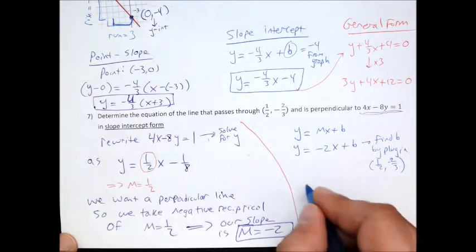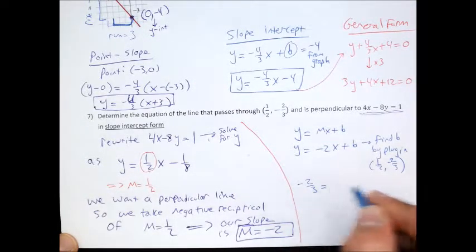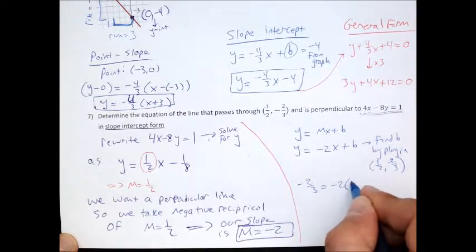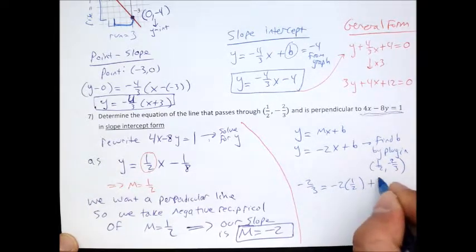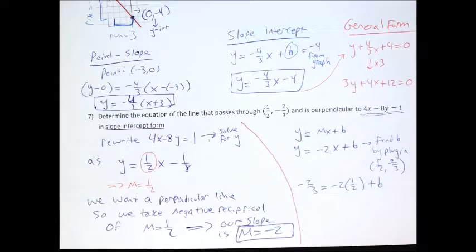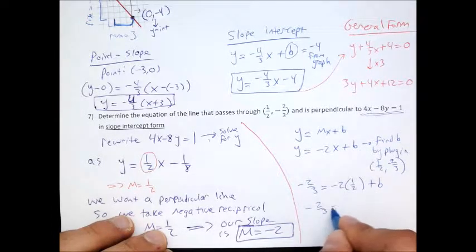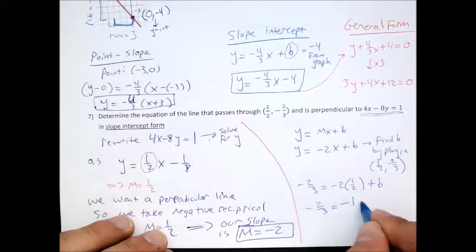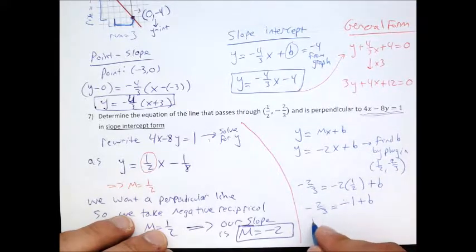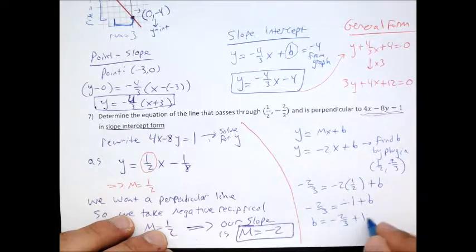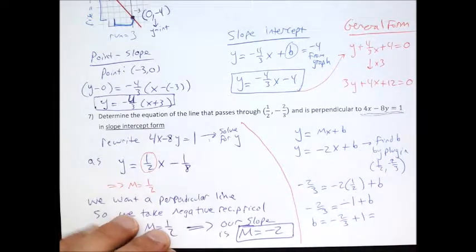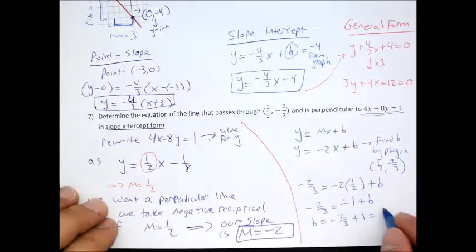And so what we have is minus 2/3 equals minus 2 times 1/2 plus b. And so now we can solve for b. Right, so we get minus 2/3 equals minus 1 plus b. And so that means that b equals minus 2/3 plus 1. Which is 1/3.